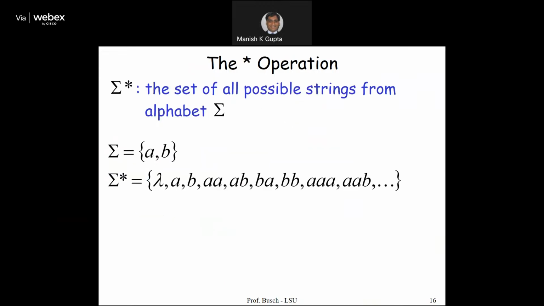Star operation. If sigma is an alphabet, sigma star is the set of all possible strings from alphabet sigma of all lengths: 0, 1, 2, 3, 4, and so on.